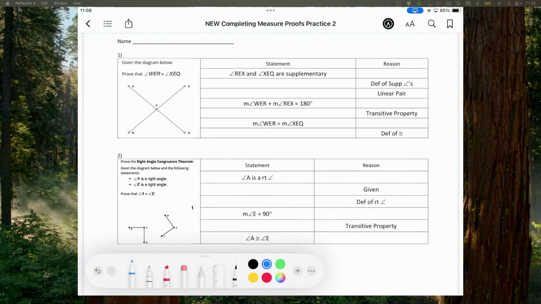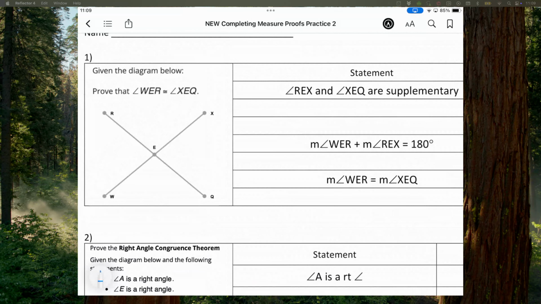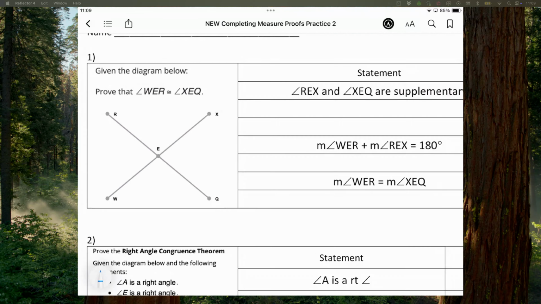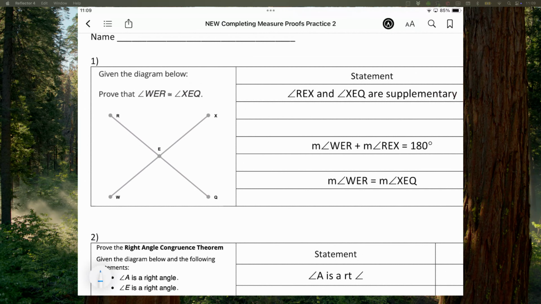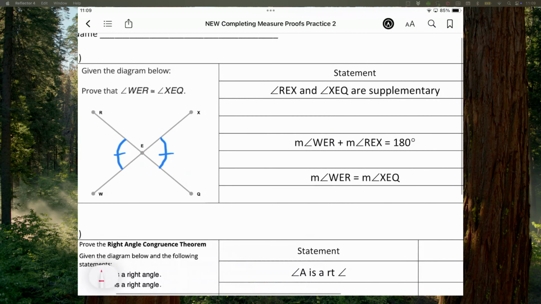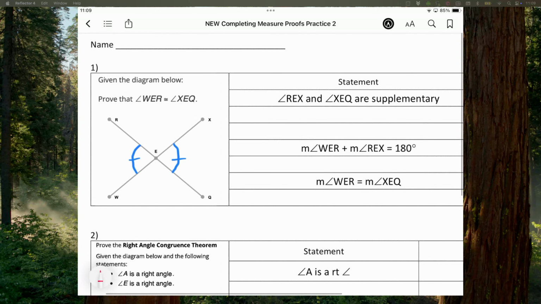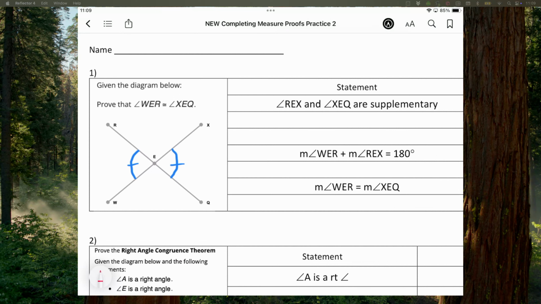Okay, so we are given that REX, we are given that figure, and we are asked to prove that WER is congruent to XEQ. Now the way we're going to do that is by saying that they both share the angle REX.